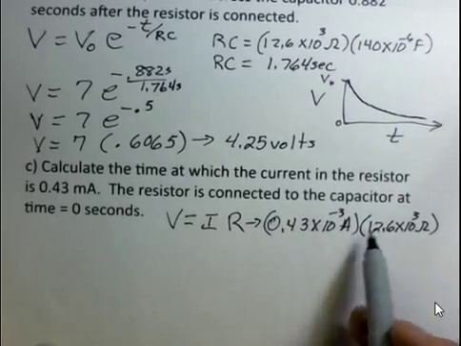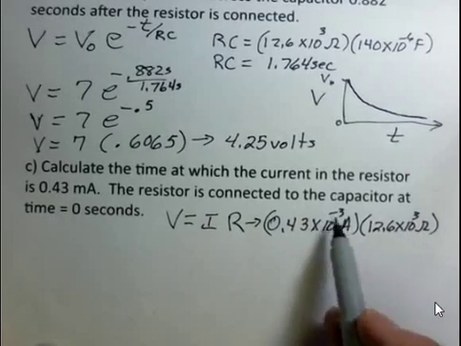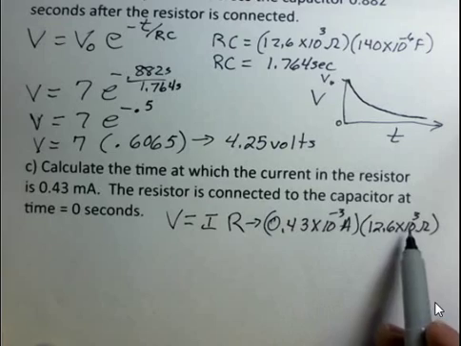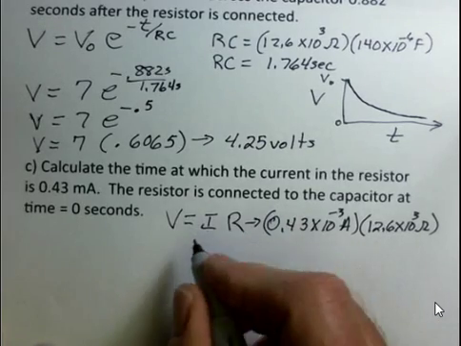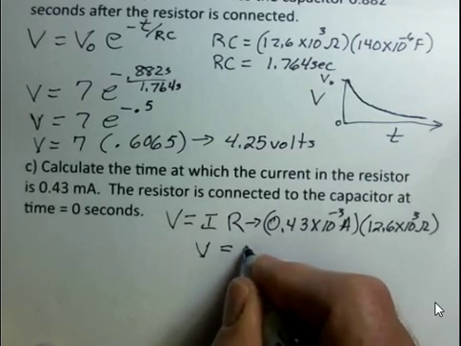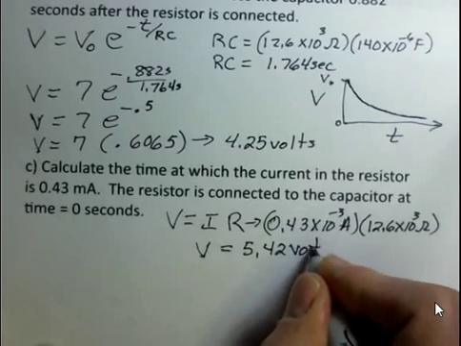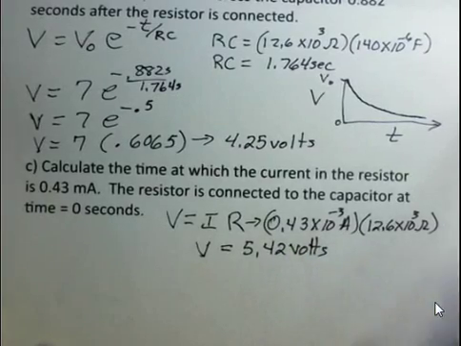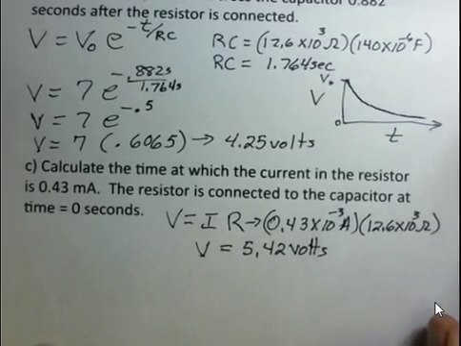So 10 to the minus 3 times 10 to the 3 will get 10 to the 0 power when we add those powers, so that's just a 1. So in our calculation we can do 0.43 times 12.6, and we find the voltage is going to be 5.42 volts. That's the voltage that will produce 0.43 milliamps in this particular resistor.